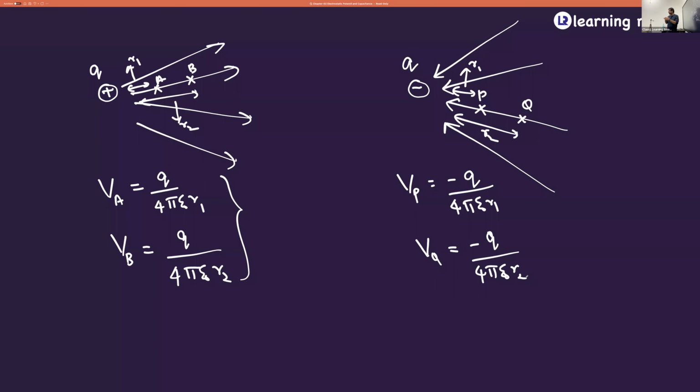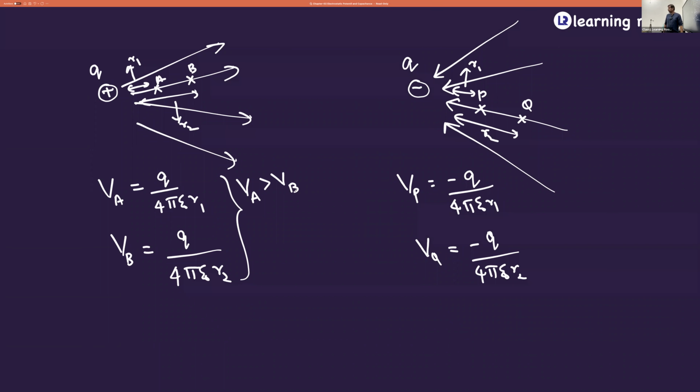Lesser is the denominator, more is the value. So among R1 and R2, which one is lesser? R1. Or another logic, closer the point, greater is going to be the magnitude. So in this case, can I say VA is greater than VB? Makes sense. 1 by R1 is greater than 1 by R2. VA is greater than VB.